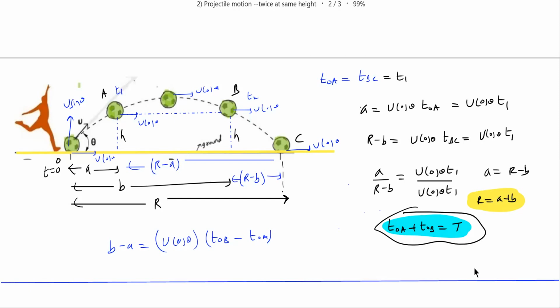B minus A should be equal to U cos theta into TOB minus TOA. Horizontal distance between two points where the projectile will be at the same height, we can calculate this also. So all these are some information which we should know.